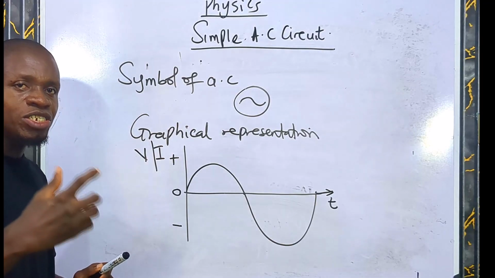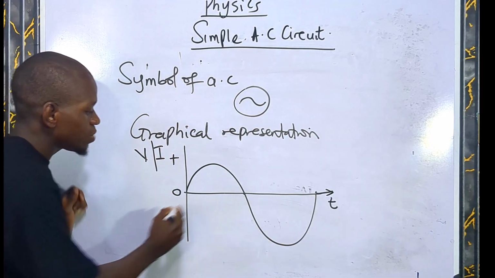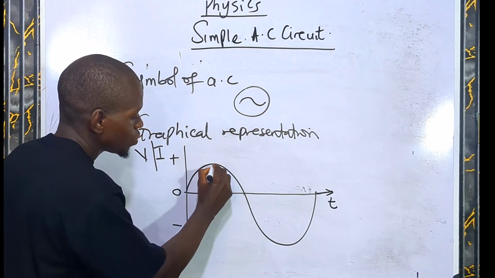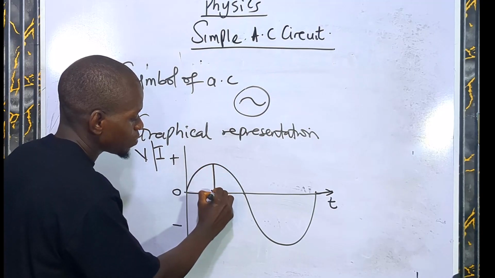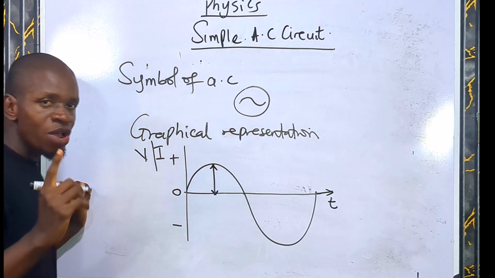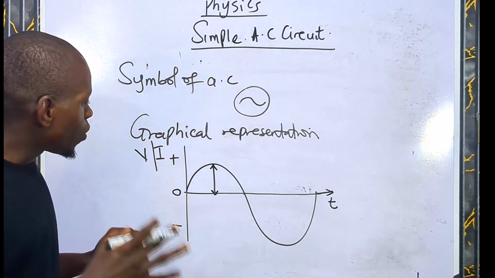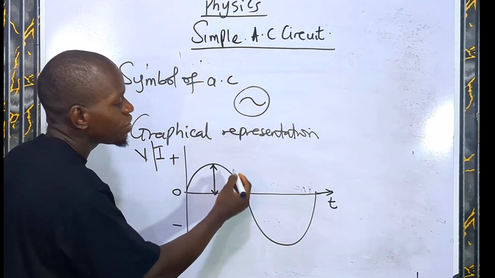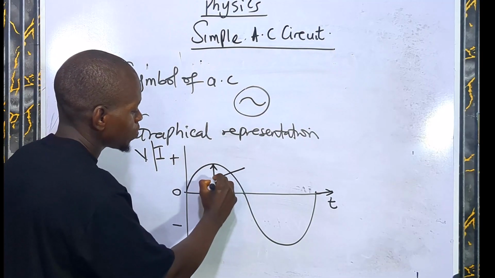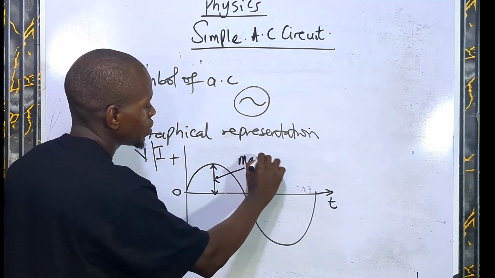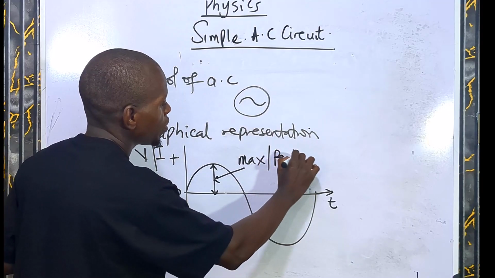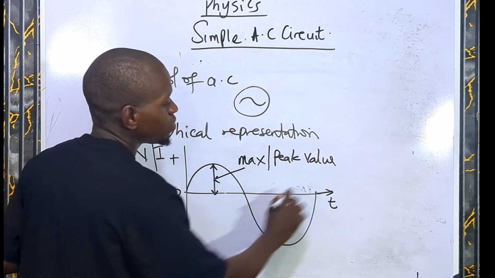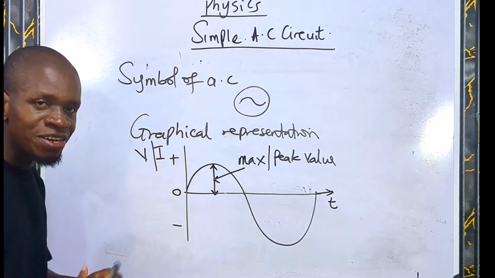Remember that in your wave, from the rest position to the highest point is called amplitude. But in terms of alternating current, this place is called the maximum or peak value. Please, I would like you to be taking note of all this. It is very simple.